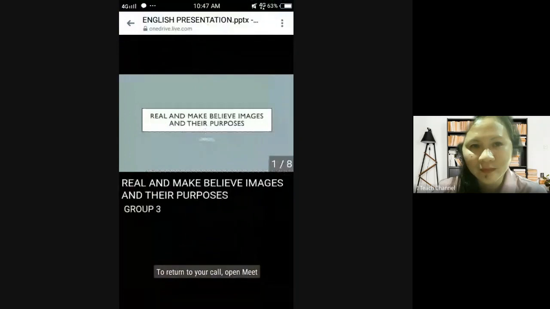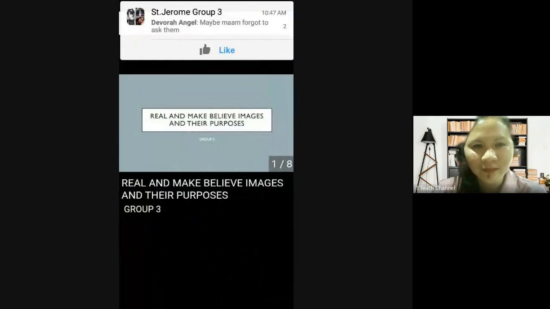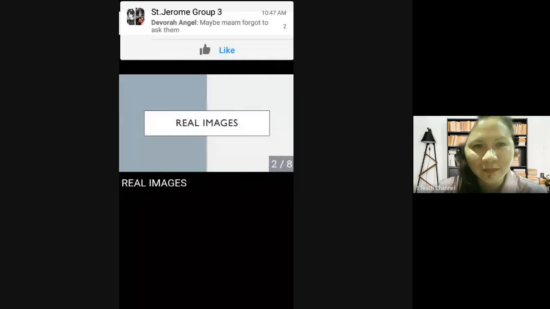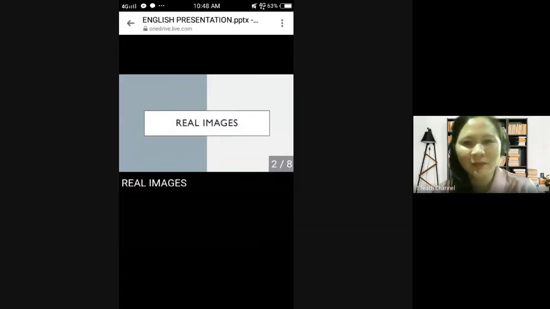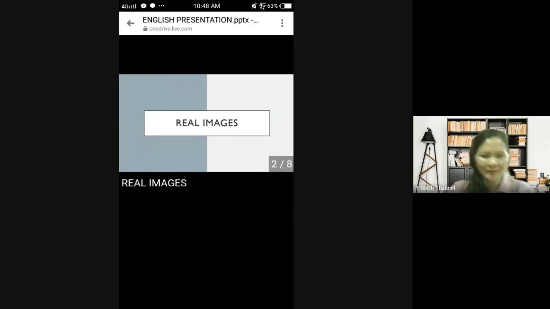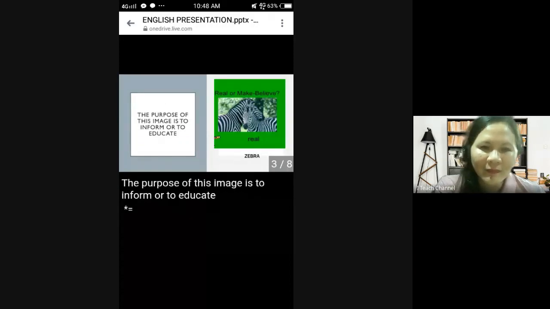Real and make-believe images and their purpose. Real images are pictures which depict visuals of objects or happenings that exist in real life. These are also known as fact images. Here's an example. The purpose of this image is to inform or to educate.